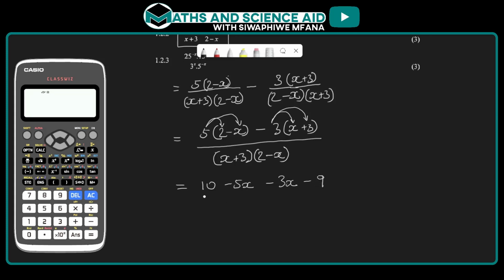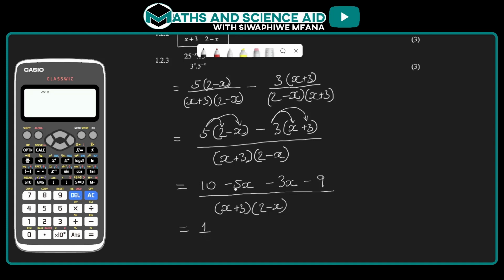Okay? And then for now, we can keep our denominator as it is. So we still have x plus 3 into 2 minus x. And so now I am just going to skip that step whereby you are grouping your like terms next to each other. What is important is for us to see that 10 has a like term which is -9, and 10 minus 9 is going to give us 1, okay?